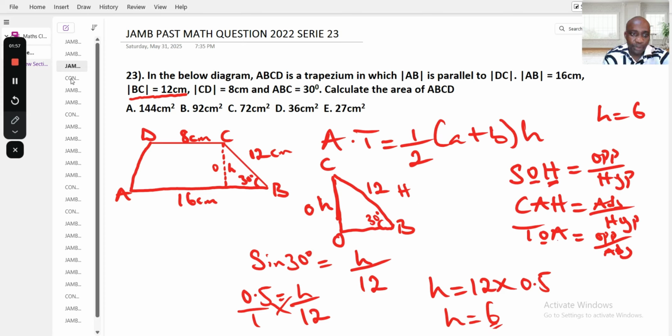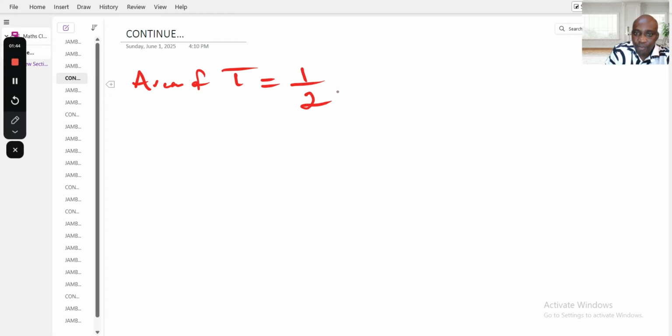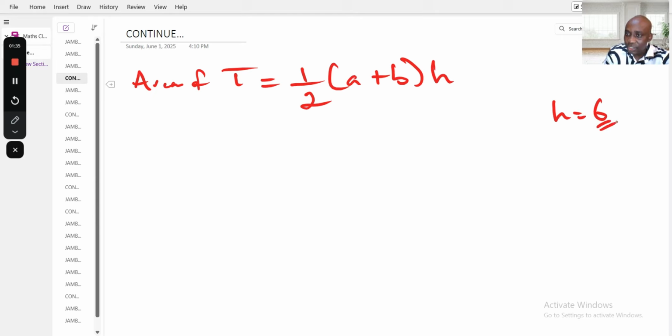Let's go to the next page so that we can write out the area of the trapezium. What is the area of the trapezium? Area of the trapezium is half of a plus b multiplied by h. What is our h? h is what we just got, 6.